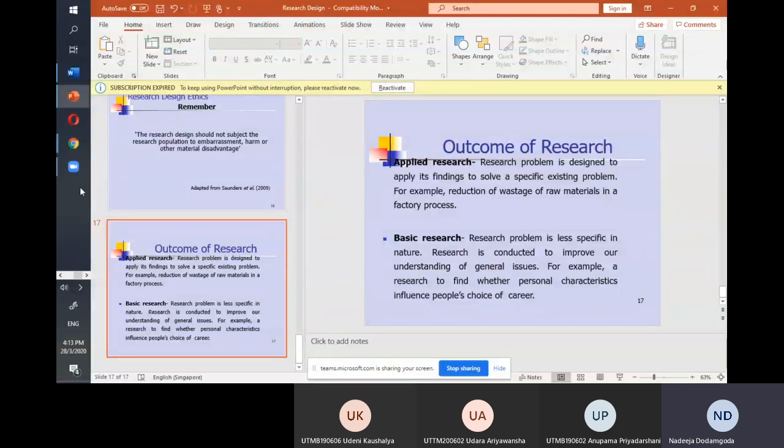So because of that, we don't write hypotheses, but we do write something called propositions. You might say a bit similar to hypotheses, but we certainly don't have the null and alternative forms there because we have a more open viewpoint in terms of identifying the variables.